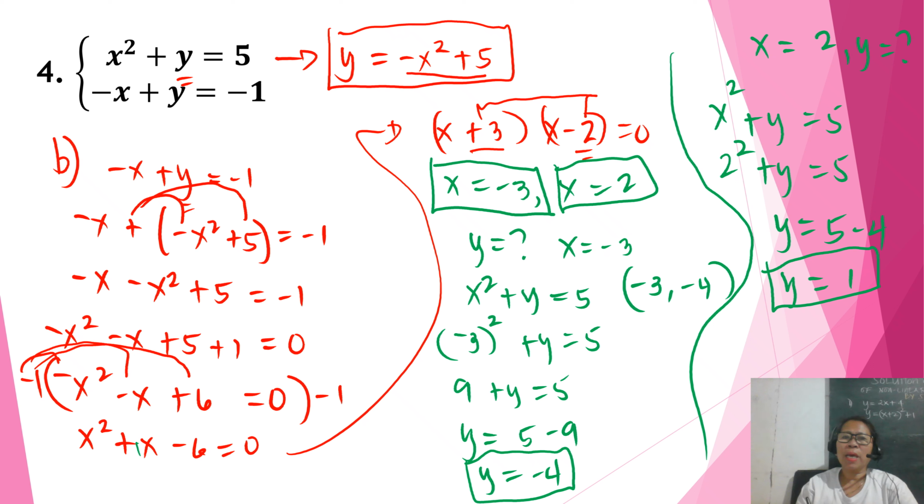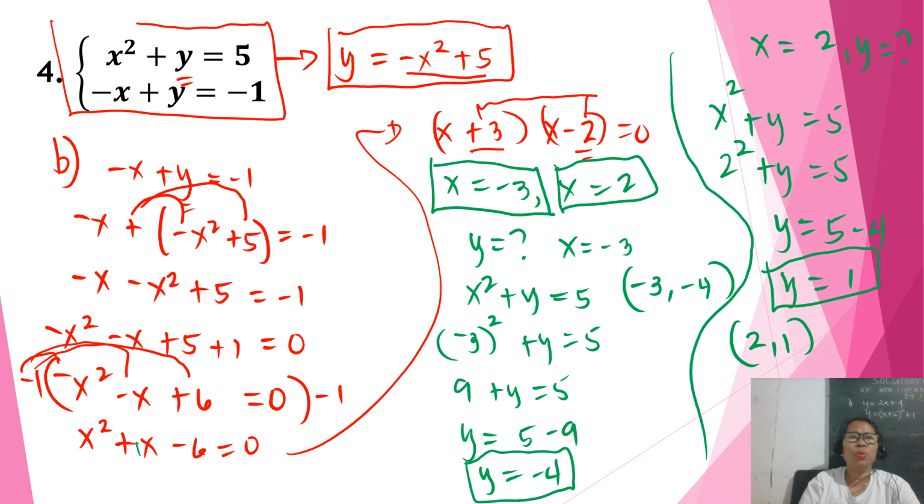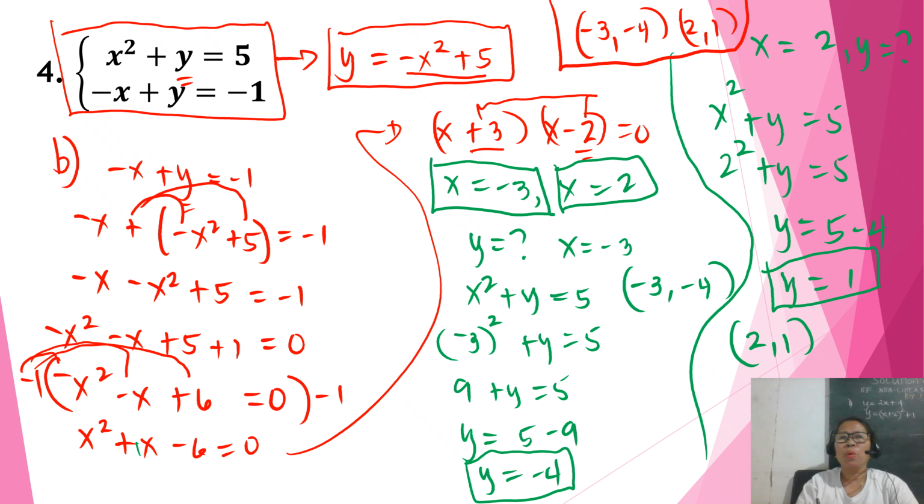So the second solution to the system is 2 and 1. So in other words, this system has two solutions. We have negative 3, negative 4, and then the second is 2 and then 1. Okay, so I will leave to you the checking.